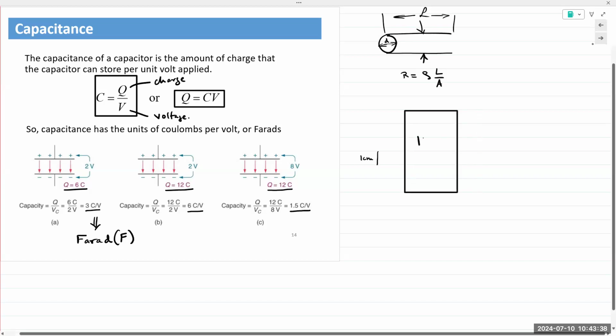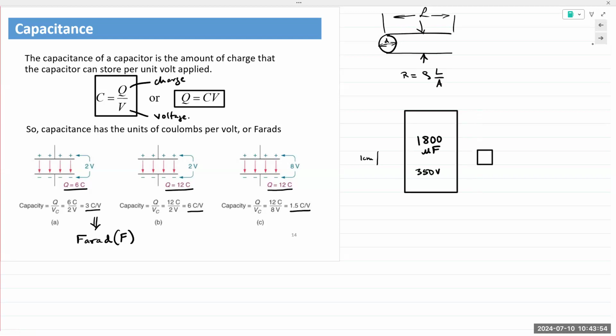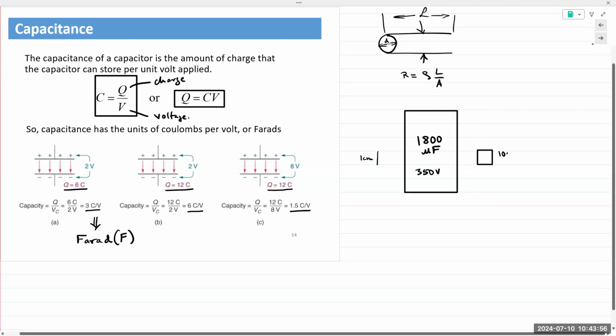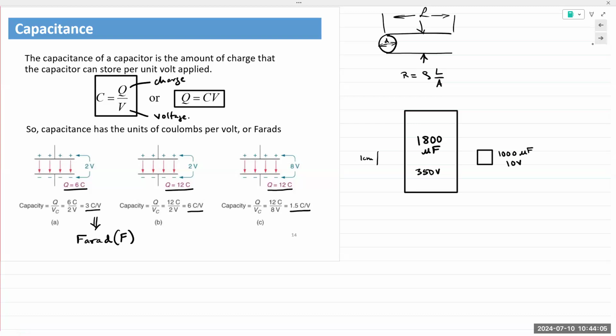This was 1,800 microfarads and 350 volts. A similar sized capacitor with a smaller voltage would be about this much. So let's say this was a 1,000 microfarad capacitor, but it would handle only about 10 volts, or 15 volts.